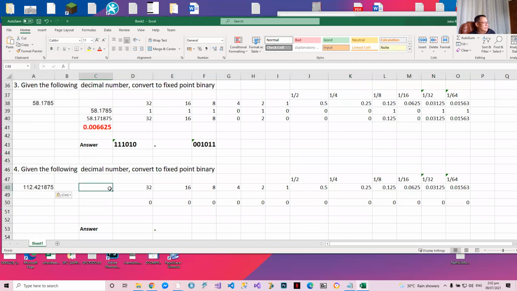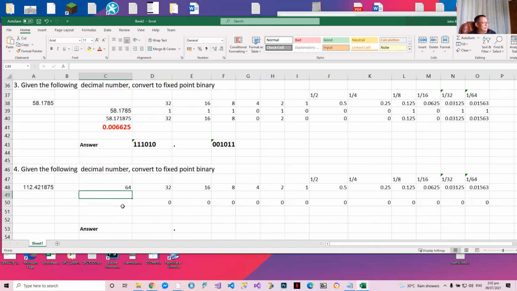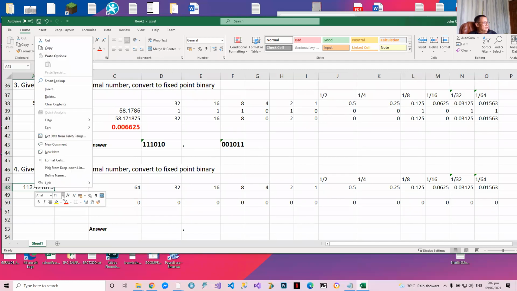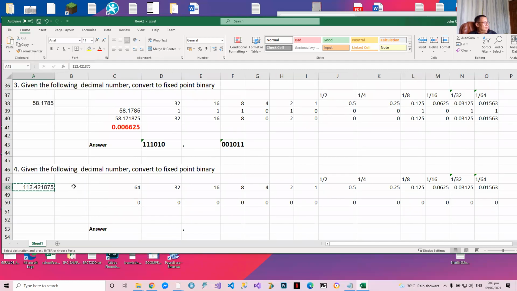Okay. So we'll add a 64 here. We'll expand this. We'll add a 64 and we'll copy this formula so that we can have the partial product here. And then we'll copy this. It's our source.